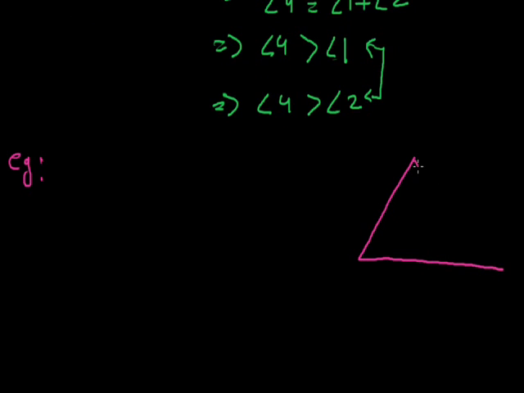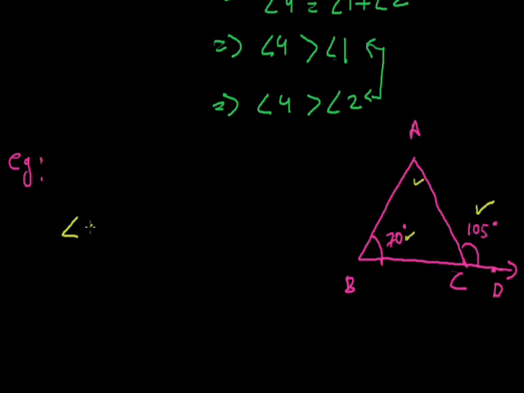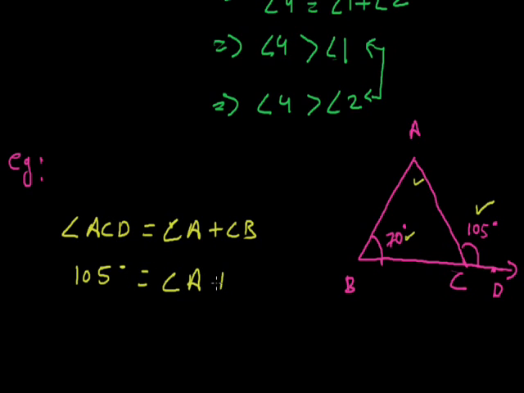In triangle ABC, angle B is 70 degrees, angle ACD is 105 degrees, and we have to find the remaining angles, that is angle A and angle C. Now by the exterior angle property, I know that the exterior angle is equal to the sum of the interior opposite angles, that is angle B and angle A. So I can write angle ACD is equal to angle A plus angle B. So 105 degrees is equal to angle A plus 70 degrees.